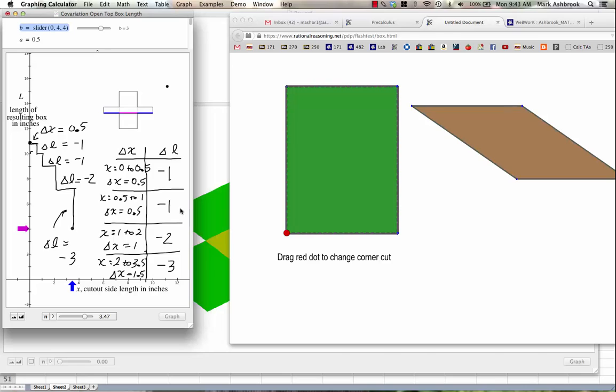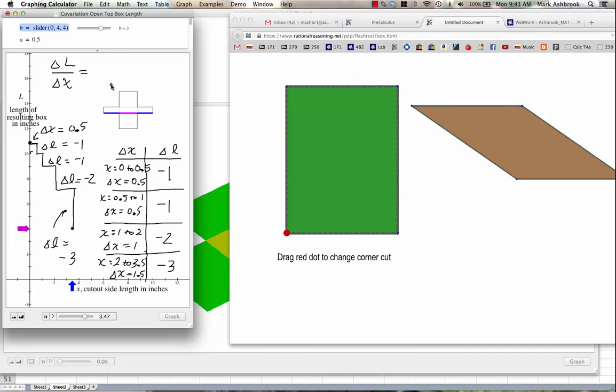Changes in X are proportional to changes in L. That is a true statement, but normally we do it the other way: in terms of constant rate, we look at the vertical quantity first, so changes in L. But she was saying proportional, right? So change in L over change in X is?